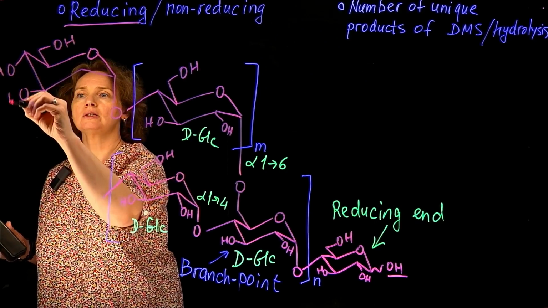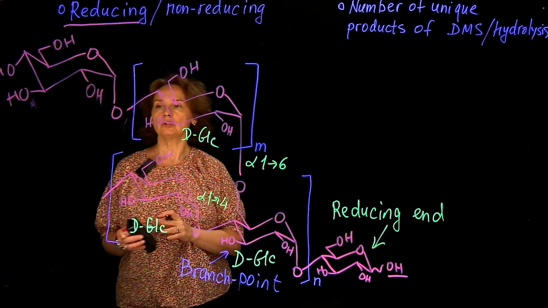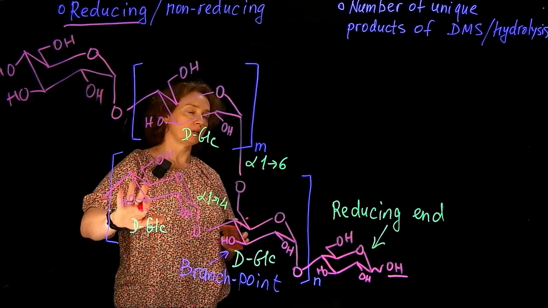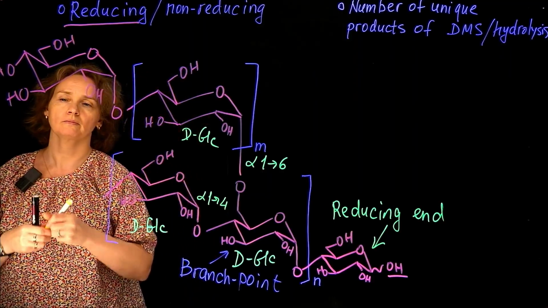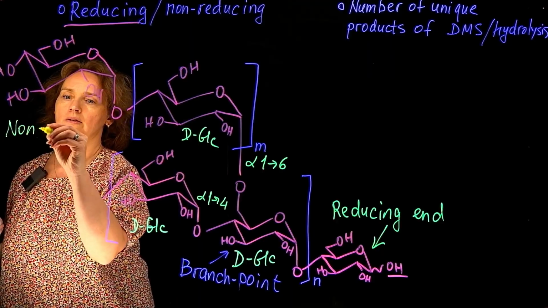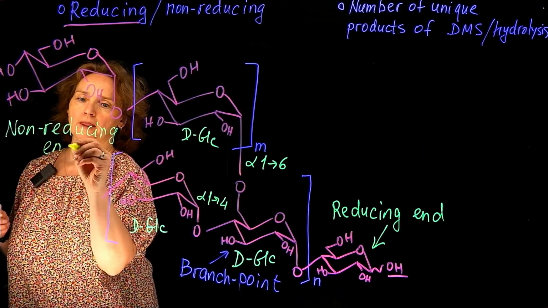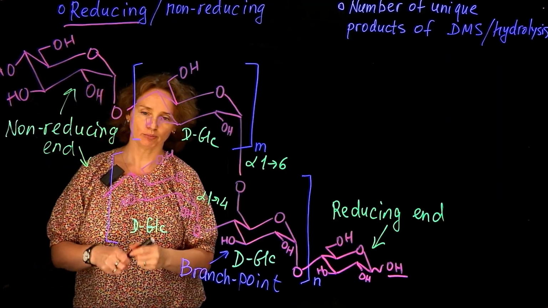And as you can see, the monosaccharide fragment at the non-reducing end will not have a free anomeric carbon. That's why it's called the non-reducing end. And there will be two, actually. I need to draw another one right here on the bottom.